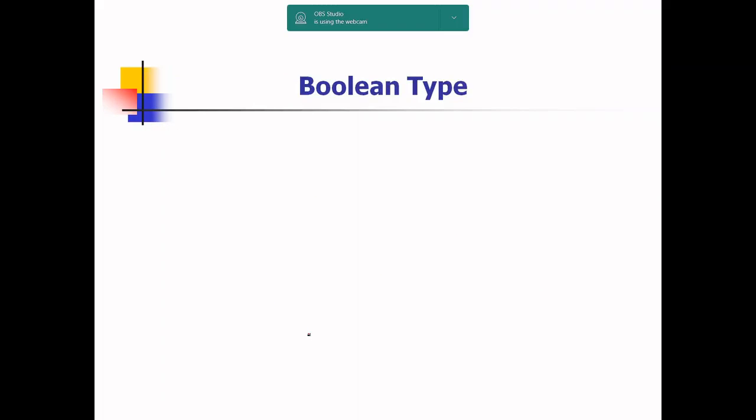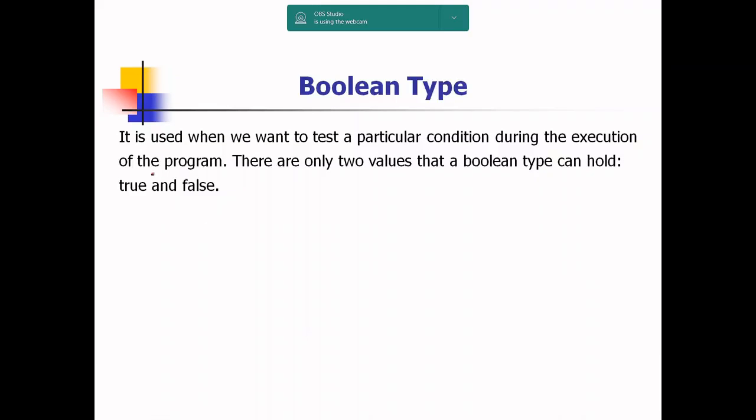Okay, next type, it is Boolean type. Boolean type is used when we want to test a particular condition during the execution of the program. There are two values that a Boolean type can hold, and these values are true and false. If we have a Boolean variable, this Boolean variable can have only two values.